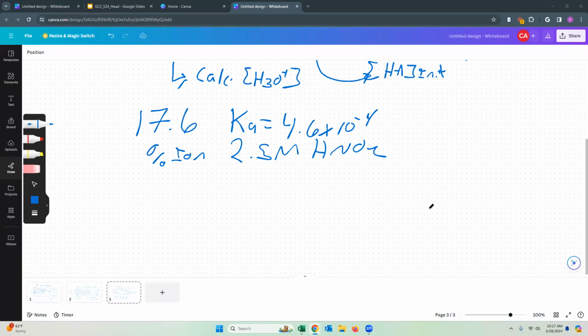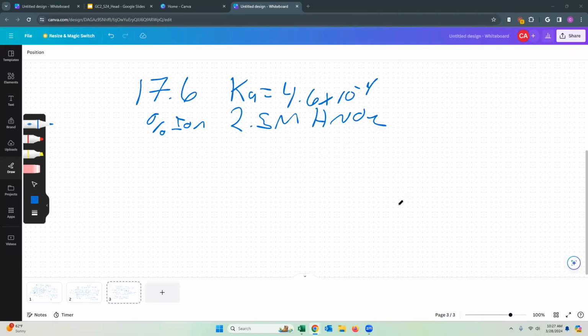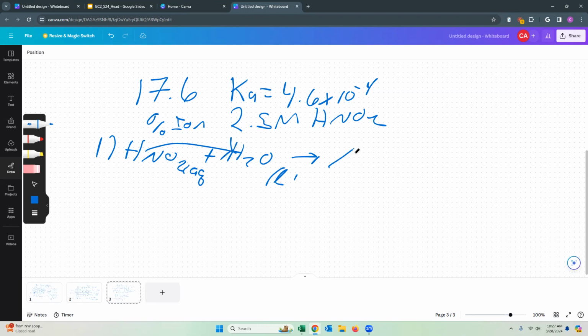All right. So let's take a look at this problem. So the first thing we want to do is write down the equation of HNO2 with water. So HNO2 plus H2O makes aqueous liquid. So HNO2 is our acid. So we'll give it to H2O to make NO2 minus plus H3O plus.